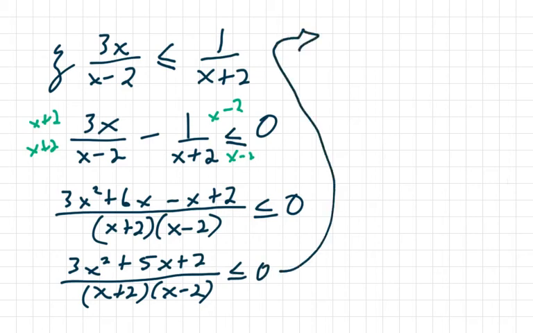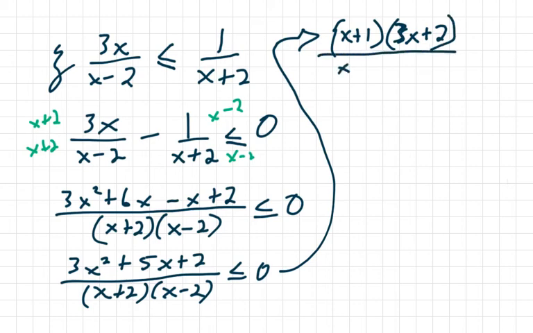That's a difficult trinomial, product of 6, sum of 5, so 3 and 2 gives us x plus 1 (x plus 2) and 3x plus 2. You can do this on scrap paper if you want, go ahead and factor the trinomial, or you can just trust me that that's what it is. I've had people trust me before. Less than or equal to 0.